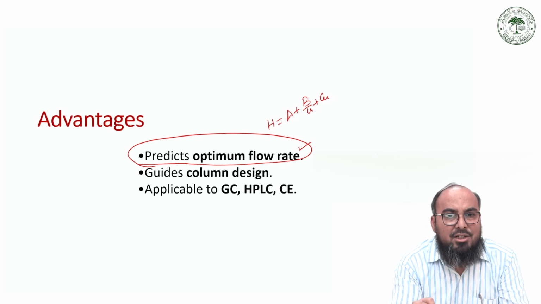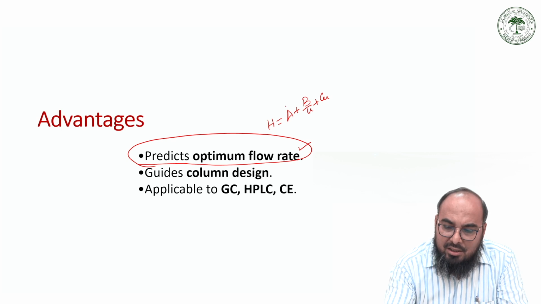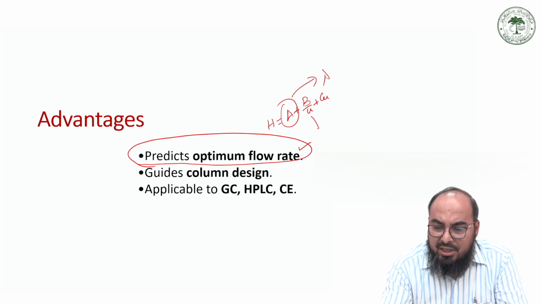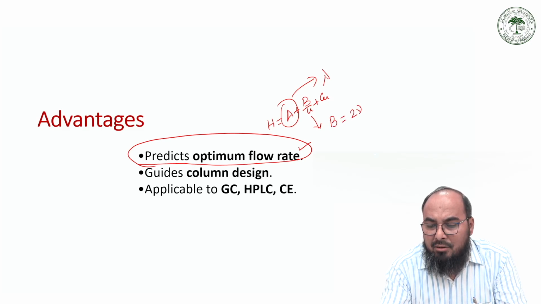Similarly, it also tells you how you have to design, because this is the lambda. Similarly, B it also tells you about, because B is equal to 2 gamma Dm.